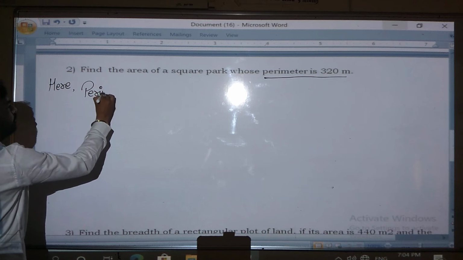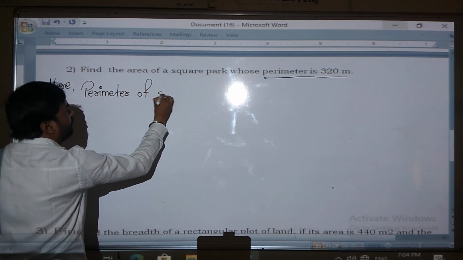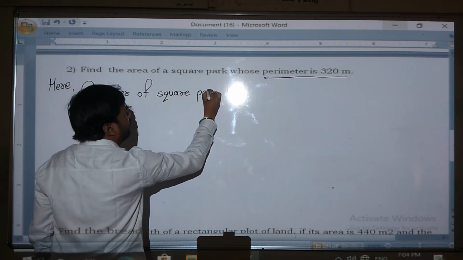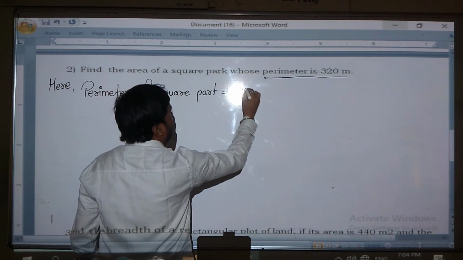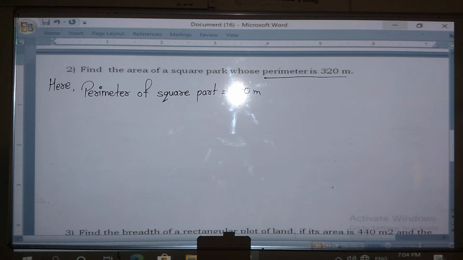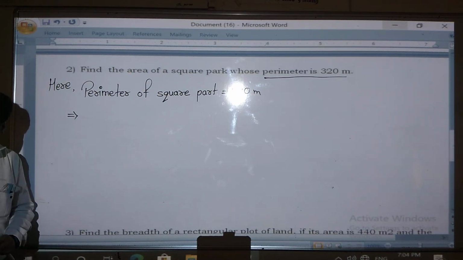Here what is given to you? Perimeter of square park is equal to 320 meter. It's already given to you, which implies, now let's form an equation.